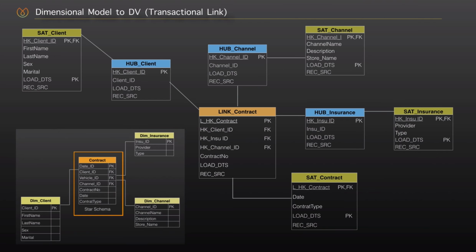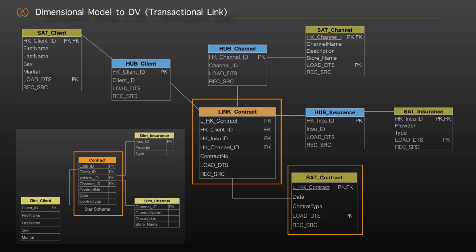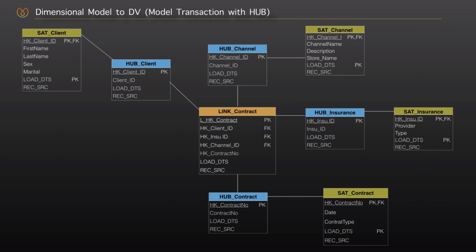Then for the fact table, the first solution is to create a link table to store the relationships of the relevant hubs, and if there are attributes that describe the fact table, we will also create an additional satellite table for the link details. And the alternative method is we can model the transactions with hub plus satellite and connect it to the link table. Actually, the second solution is more flexible and easier to automate, because the first option may be the only way if there is no business key like column such as contract number or order number.